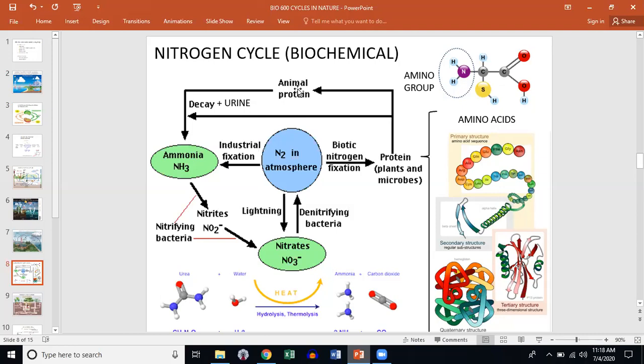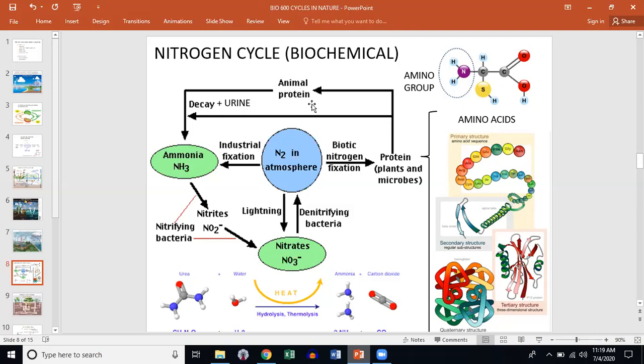Nucleic acids are what? DNA and RNA, right? So proteins, lipids, carbohydrates, and the nucleic acids are the four major groups of what we know as organic molecules. All living organisms are made up of these four large major molecule groups.